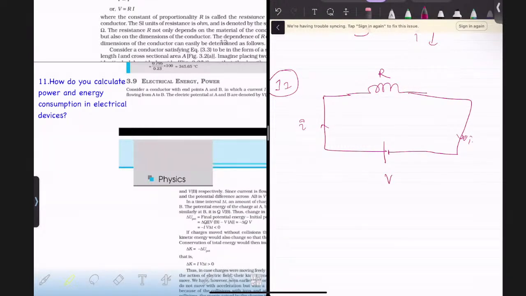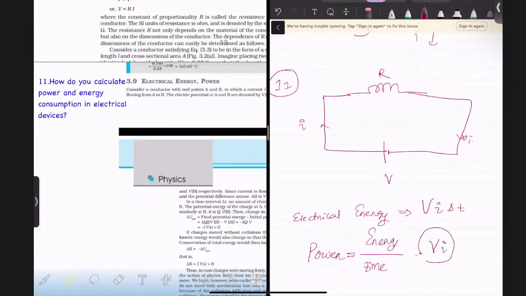Electrical energy is equal to VIT. And power is equal to energy upon time, so if you cancel T, it will be VI.